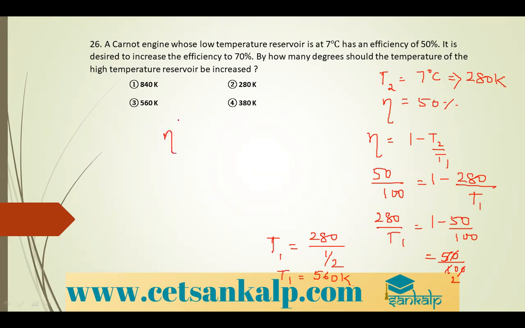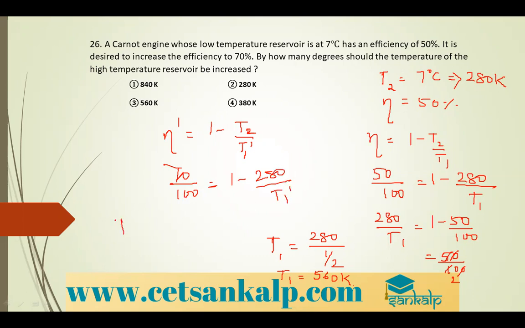Next, eta dash is equal to 1 minus T2 divided by T1 dash. Again T2 is 280. So 70 by 100 is equal to 1 minus 280 divided by T1 dash.